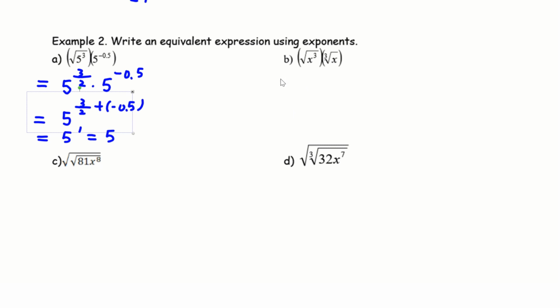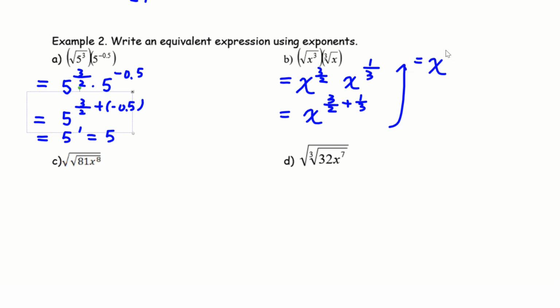And for this one is a variable. So x to the exponent 3 over 2. Then x to the exponent, no exponent means 1, over the index number 3. Then multiplication, same base, we add the exponents. Then you could use your calculator or you could do the common denominator is 6, so 2 over 3, both times with 3 to make the denominator 6.